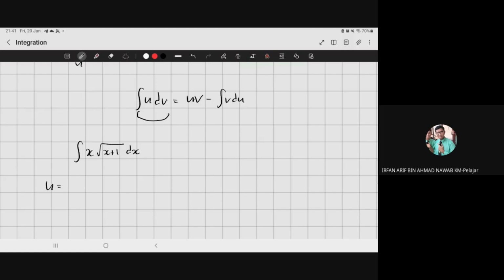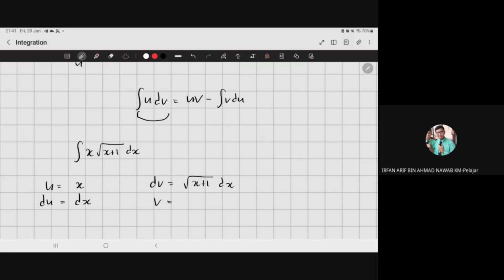Let me pick x first. I want to see, is it simpler? So u is equal to x, and I see that du is equal to dx, no problem. And then my dv is square root of x plus 1 dx.